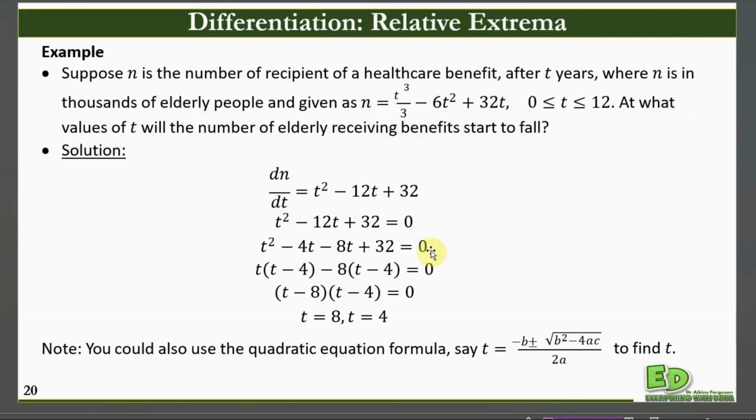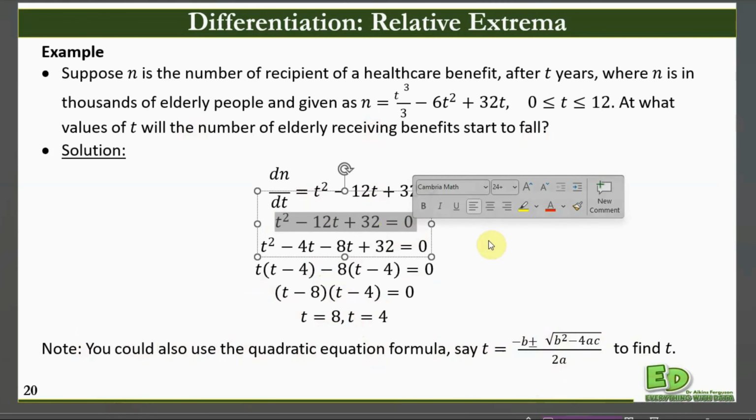If you equate this to 0, either by using methods of completing squares, using the quadratic equation formula or your calculator, then you can get the values of t to be t is equal to 8 and t is equal to 4. That's the values of t, right? You could also use the quadratic equation formula, which is saying that to find it is minus b plus or minus root of b squared minus 4ac all over 2a, right? Where you are going to use this function over here.